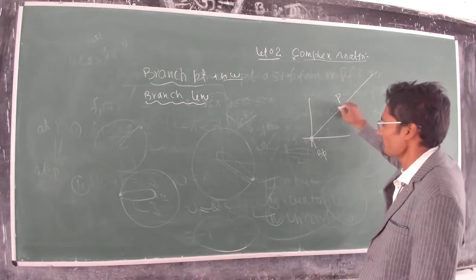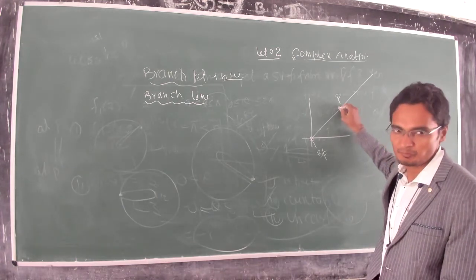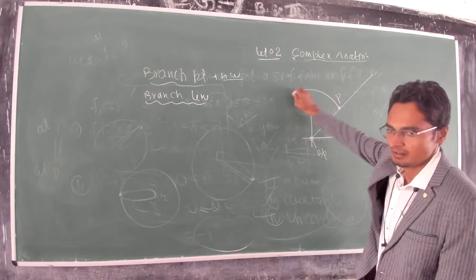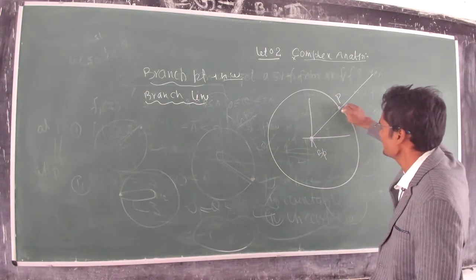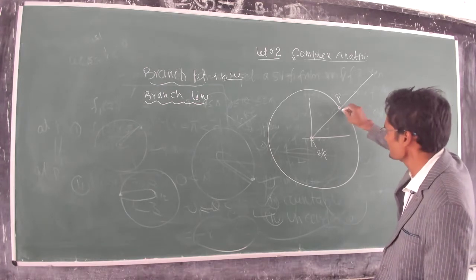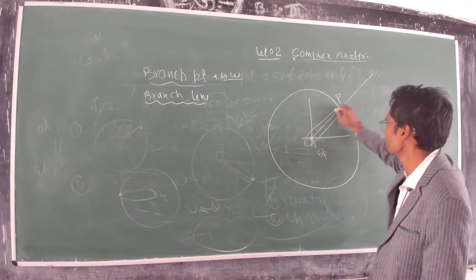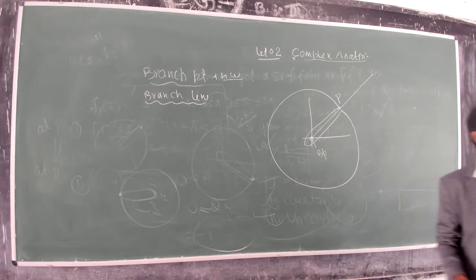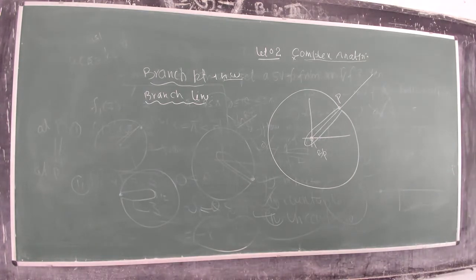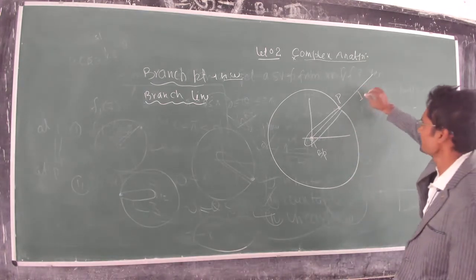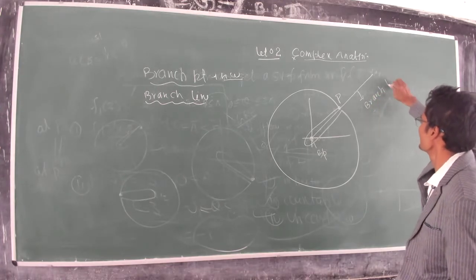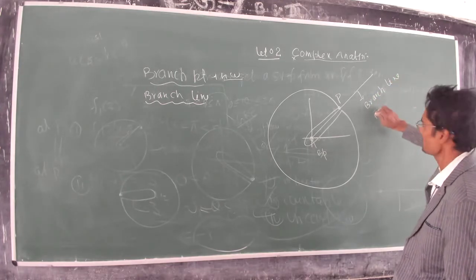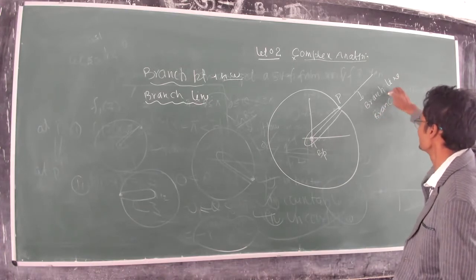And if we start rotating our function 2 pi counterclockwise, and we agree not to cross this line in order to get a single value function, this line is known as the branch line, or people say branch cut.